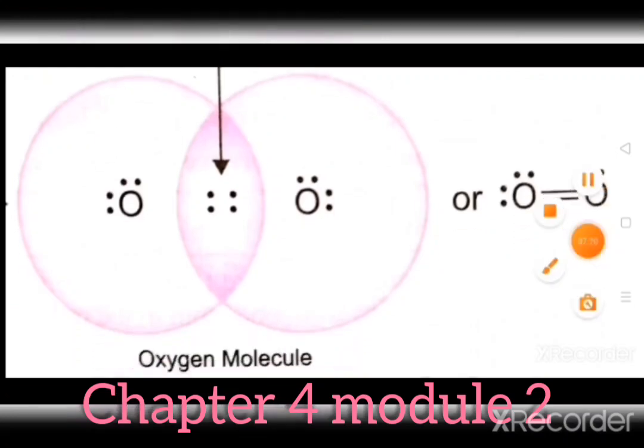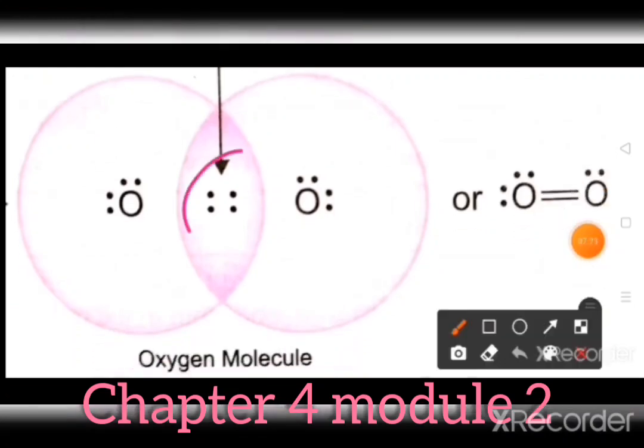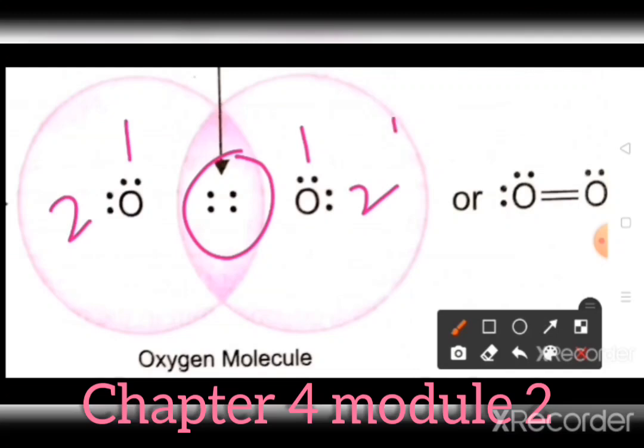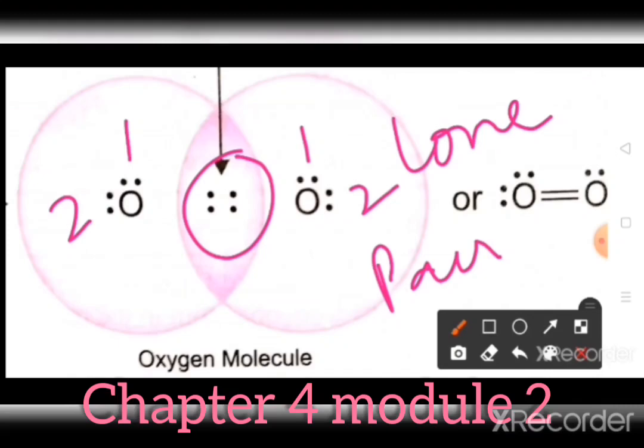So it will be like this, that here 4 electrons are being shared and 2 bonds will be formed, whereas there will be 2 lone pairs, unbonded pair. First is this, second, and in another oxygen, first and second. So these are lone pairs. This is the electron dot structure of O2.